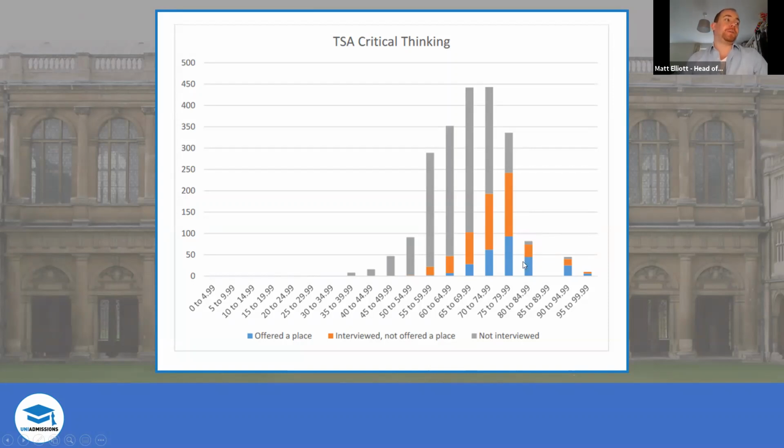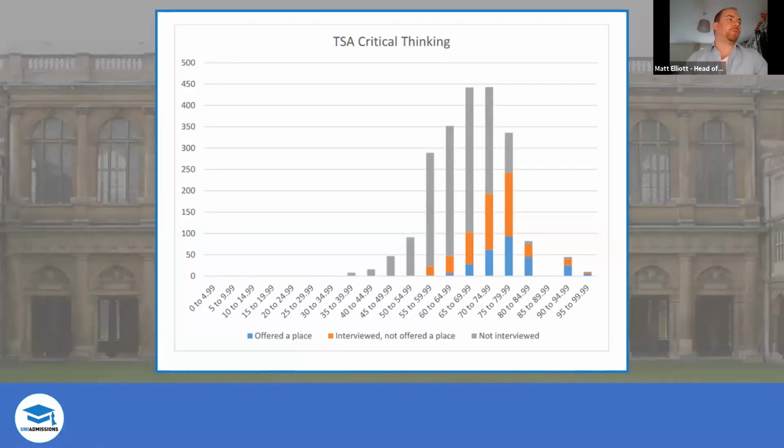And the difference, particularly here between the 75 to 80 and the 80 to 85, there is just a vanishingly small number of students in this section. And so if you can get yourself from this column here into one of these columns over to the right, suddenly you're changing your chance of getting in by such a huge margin.